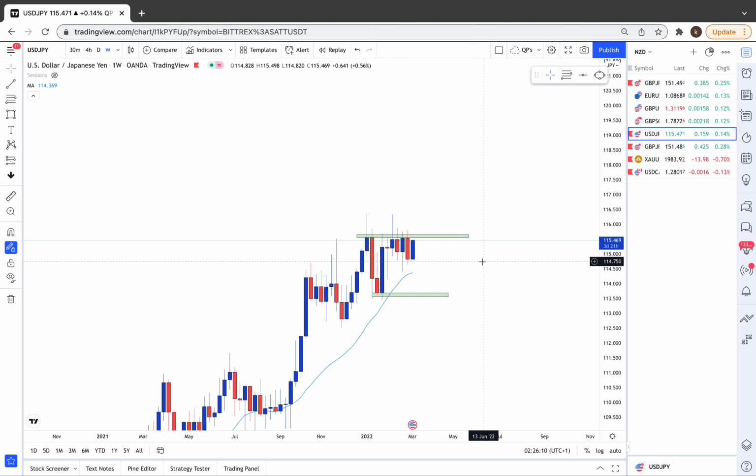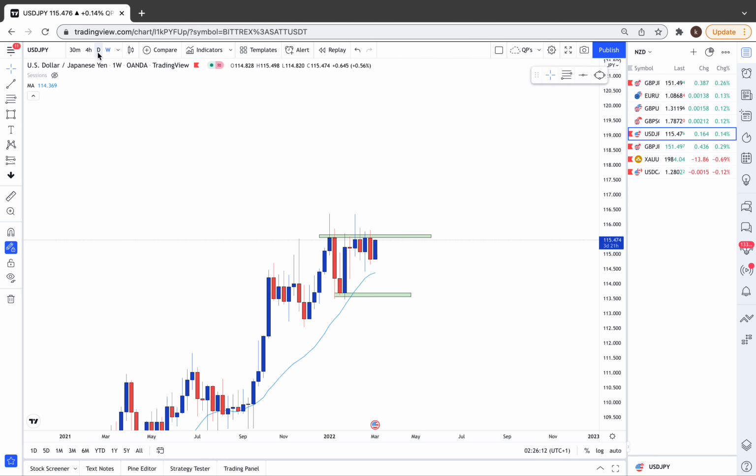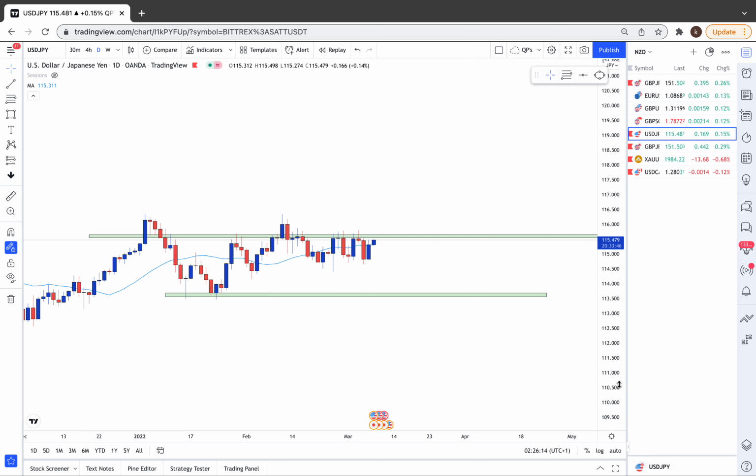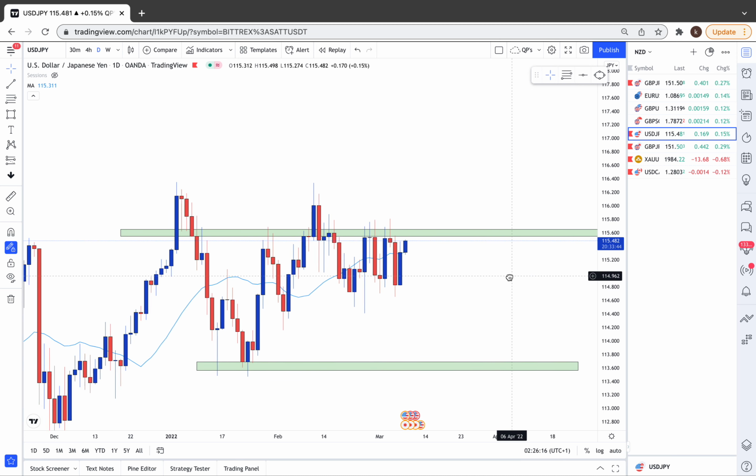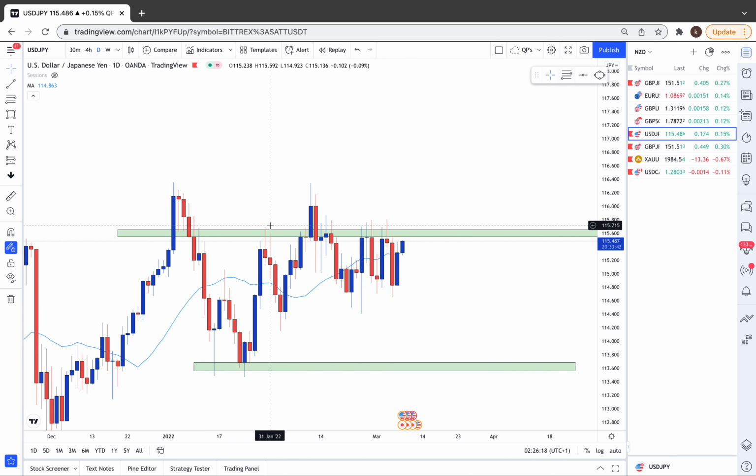If we zoom in a little bit to the daily and look at a little more data, we can see that we did have a fake out here, a bullish engulfing candle to the upside, and exactly after that a bearish engulfing candle came back here a little bit and then dropped.